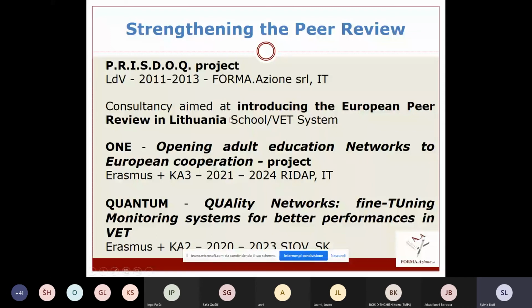And we are also working in this activity with Lithuania on how to introduce the European peer review in their school system.